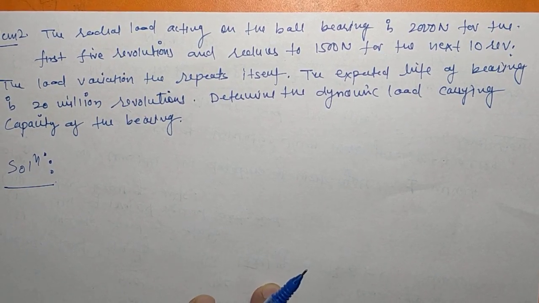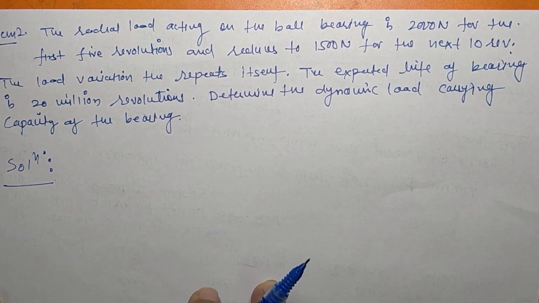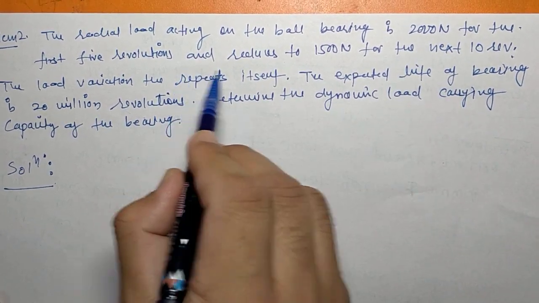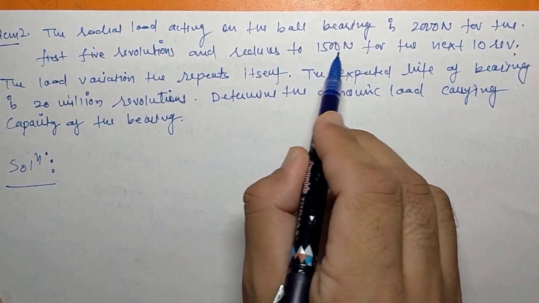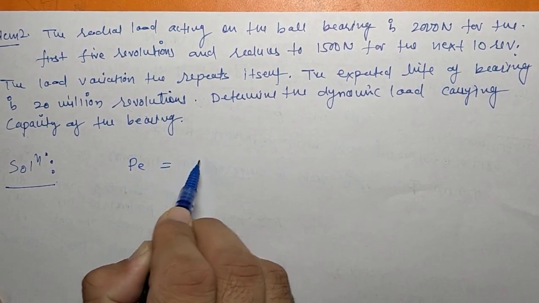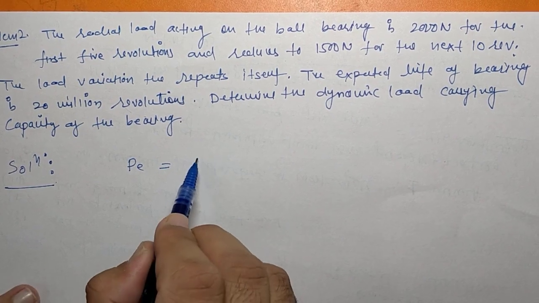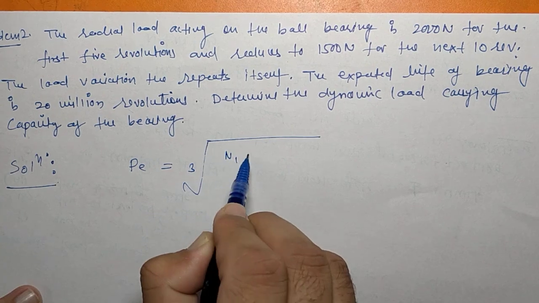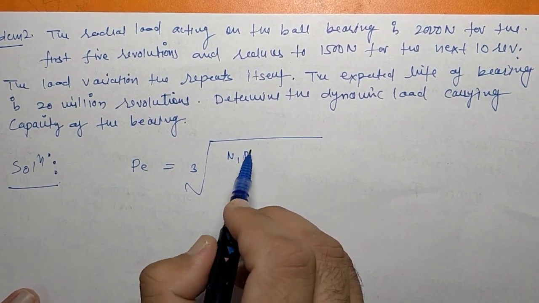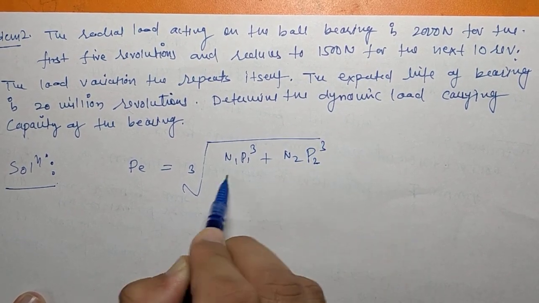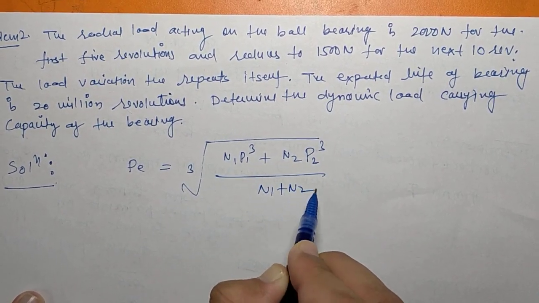First of all, we can find the P equivalent, because for the first 5 revolutions the load is 2000 Newton, and for the next 10 revolutions the load is 1500 Newton. P equivalent can be found using the same formula as we used in the last problem. This is the cube root of N1 P1 raised to power 3 plus N2 P2 raised to power 3, divided by N1 plus N2.